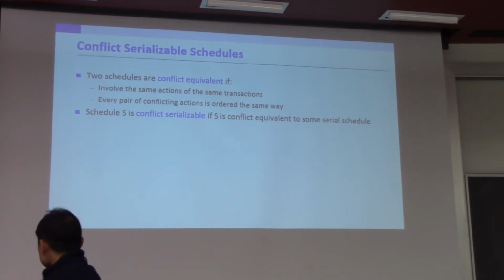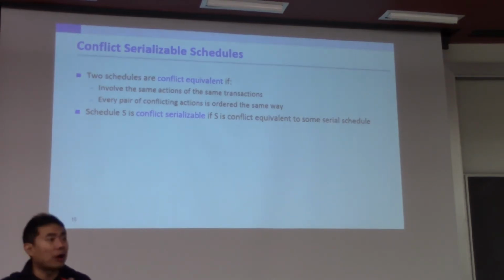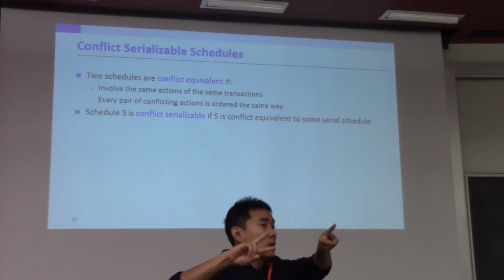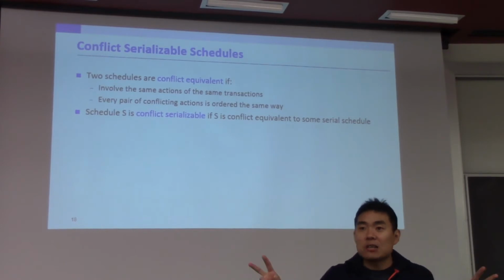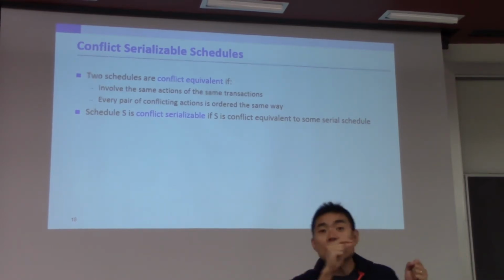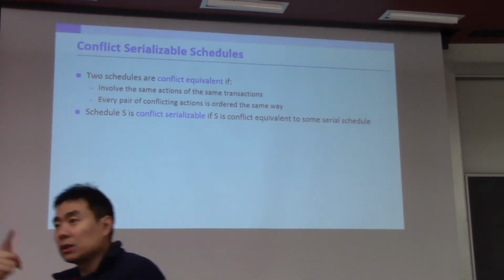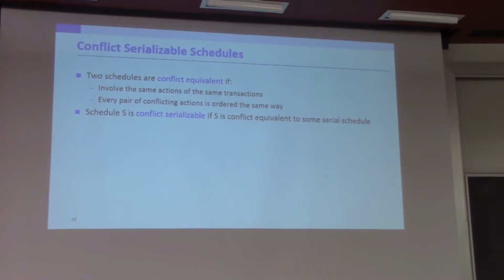Of course, the example I gave you only talks about one pair of conflicting actions. You may potentially have multiple such conflicting pairs, and each pair needs to be ordered the same way in order for the two schedules to be considered conflict equivalent.